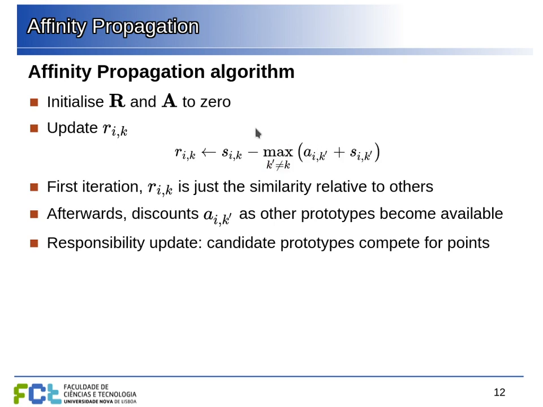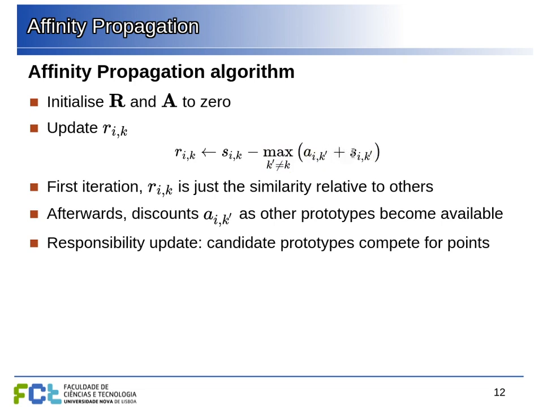So basically, we are computing for each point a vote that is a function of the similarity between that point and each potential representative, but subtracting from that the value of this sum for the alternative representative that has the highest score in this particular sum.